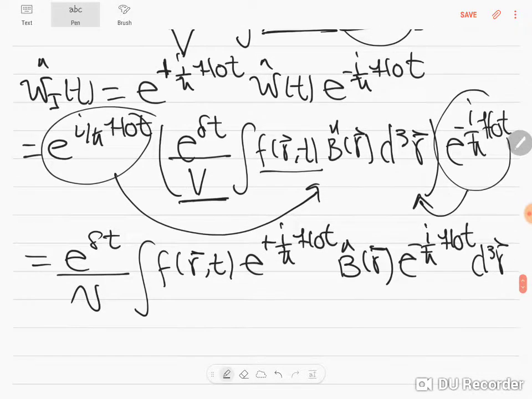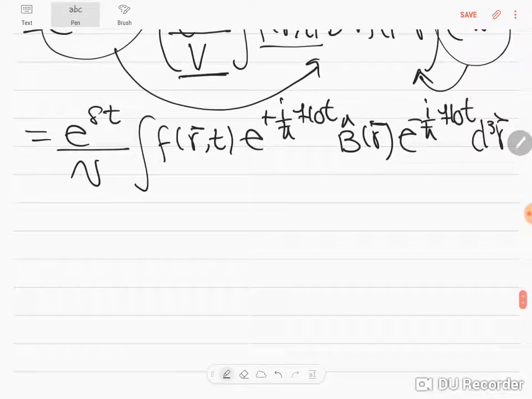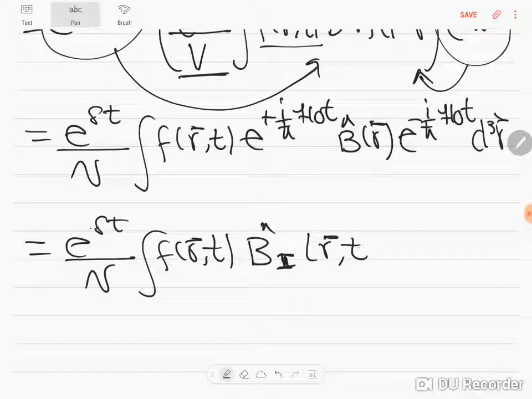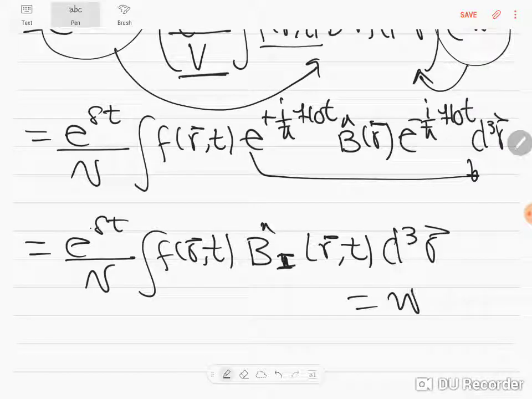d3r. Now what is this? This is nothing but e to the delta t divided by V, integral of f of r comma t, B. Now this is B_I of r comma t, because now it's in the interaction representation, this operator here, d3r, and this is equal to the perturbation in the interaction picture.